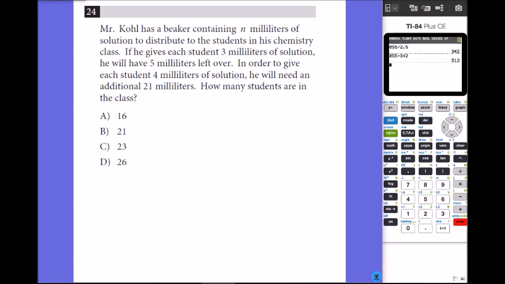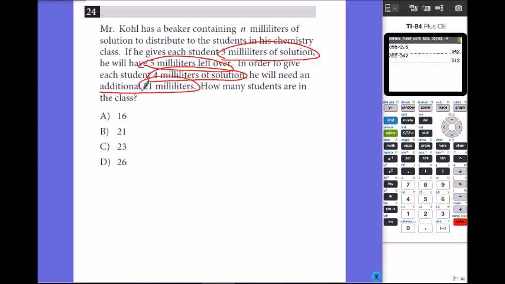24. Mr. Cole has a beaker containing n milliliters of solution to distribute to the students in his chemistry class. If he gives each student 3 milliliters of solution, he will have 5 milliliters left over. So leftover. In order to give each student 4 milliliters of solution, he needs an additional 21 milliliters.